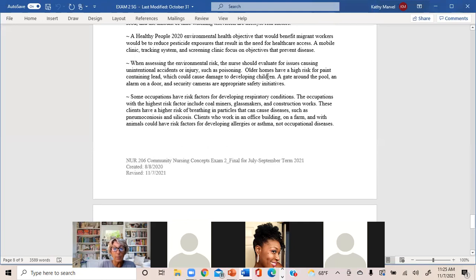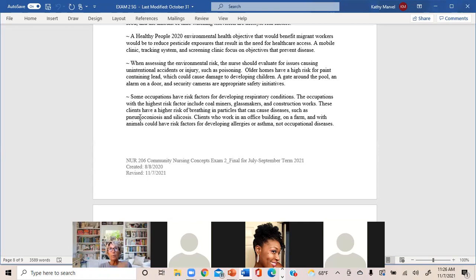Okay, so this is big. We need to be able to identify, as the community nurse, what are some occupations that have a higher risk for respiratory conditions. In our occupational health chapter, which I believe is 32, there is a box that talks about specific occupations.